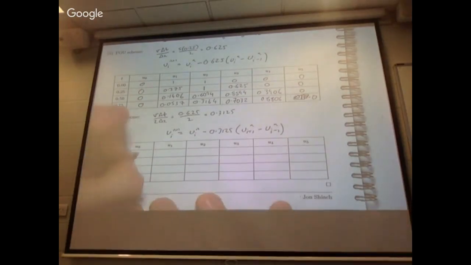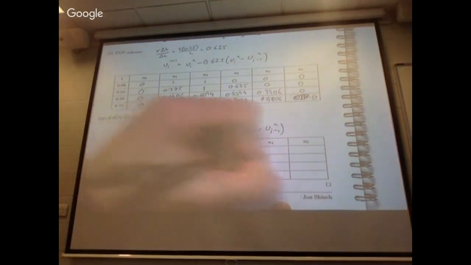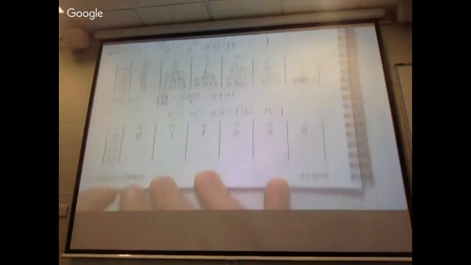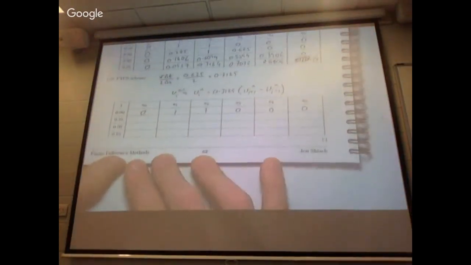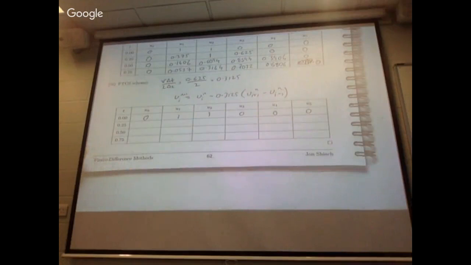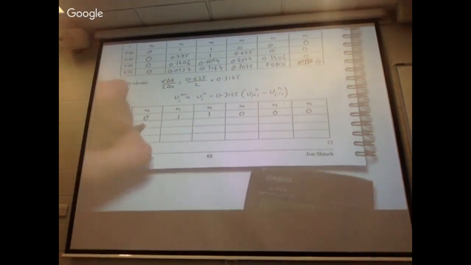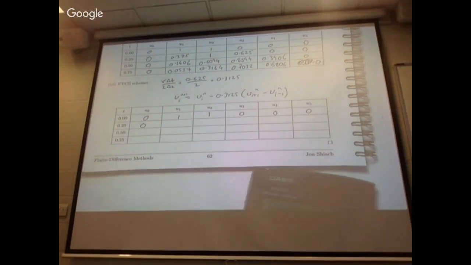So the initial conditions are exactly the same. Maybe 0, 1 minus 0.3125 and 1 minus 0.